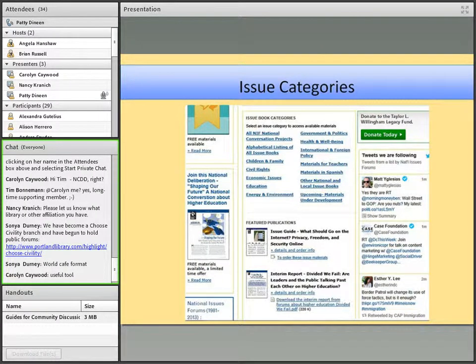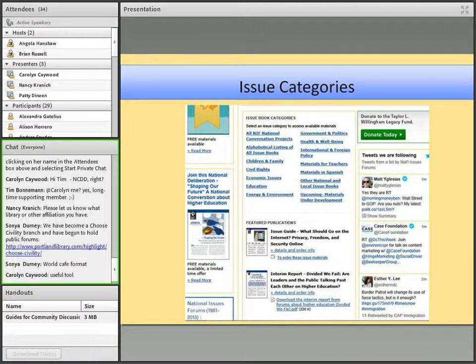The ones I wanted to point out in particular include materials for teachers and materials in Spanish, which has been very interesting to some people. Not all the issue guides are translated into Spanish, but some of them have been. And then the category on the right there that you see, other national and local issue books, which is a place where I've been collecting issue guides and framings that have been done by individuals, local groups, and sometimes statewide projects.